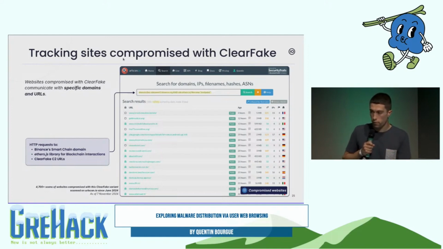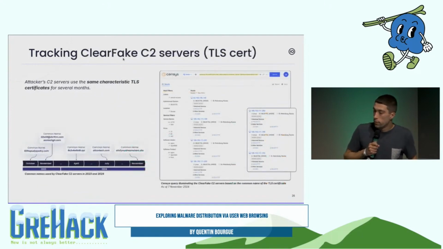So here for the first part, then we would like to track the GreHack C2 server to do some proactive detection. In October 2023, when we analyzed the GreHack malware, we found that every GreHack C2 server used the same TLS certificate.